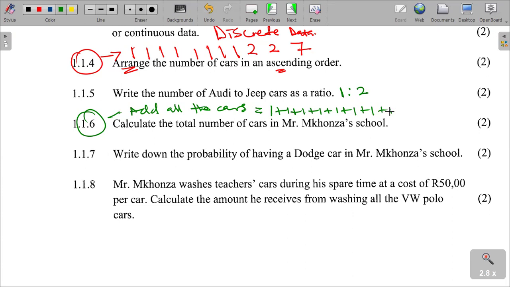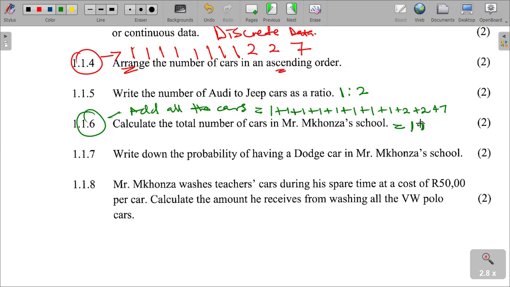So we have 8 plus 1 and then plus 2 plus 2 plus 7. So what is the total number of cars there? Total means all the cars that are there. 8 plus 2 is 10, 10 plus 7 is 17, plus 2 is 19. So we are saying there are 19 cars.